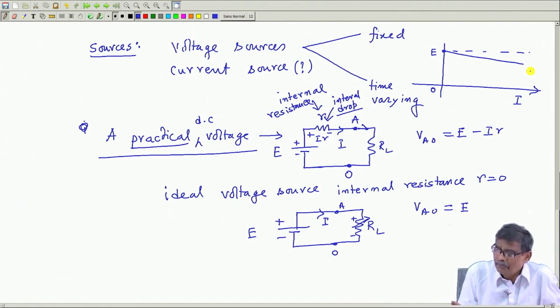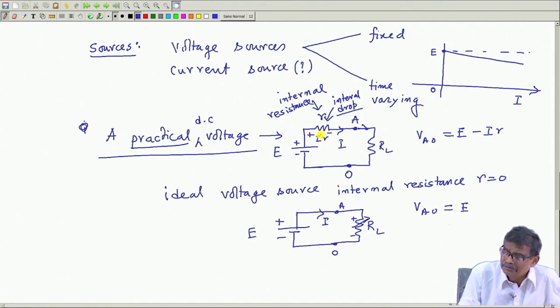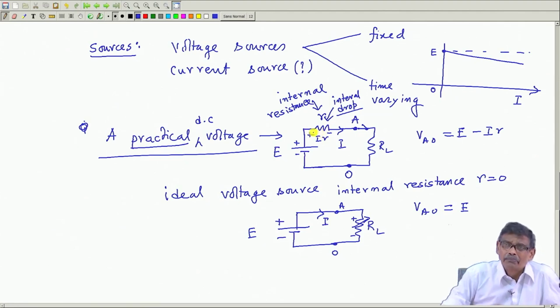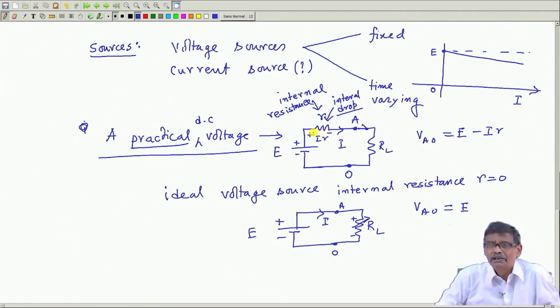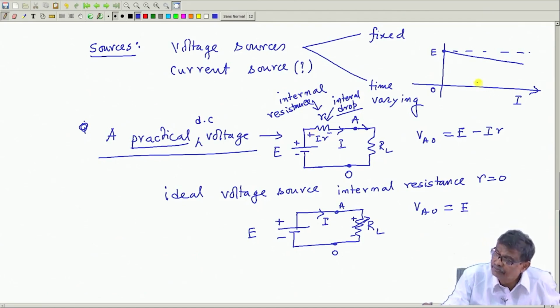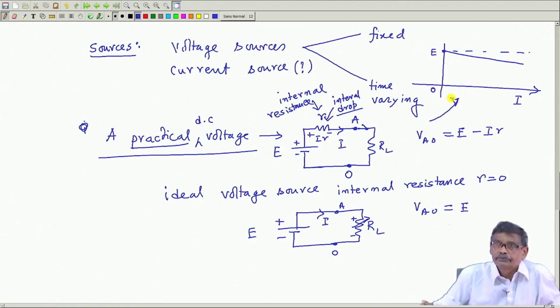Otherwise, there will be large power drop in the battery, it will become hot and so on. No one is going to buy a battery with large internal resistance, one must see that. Okay. So, this will be the VI characteristics of a practical voltage source.